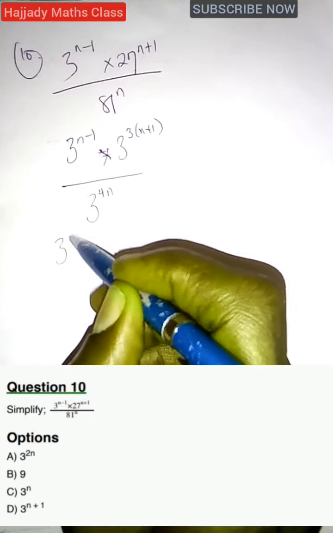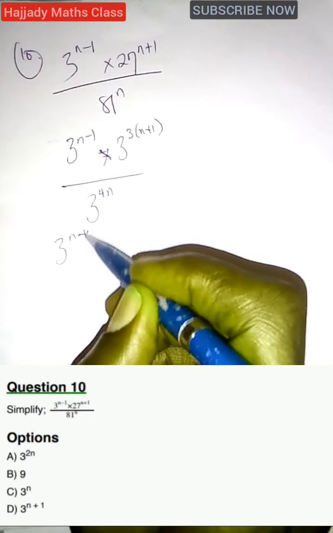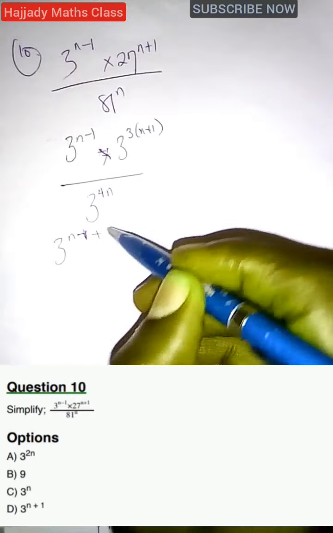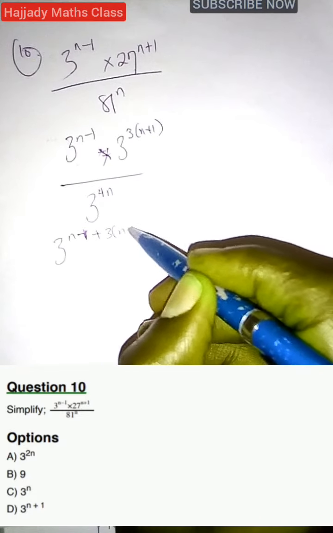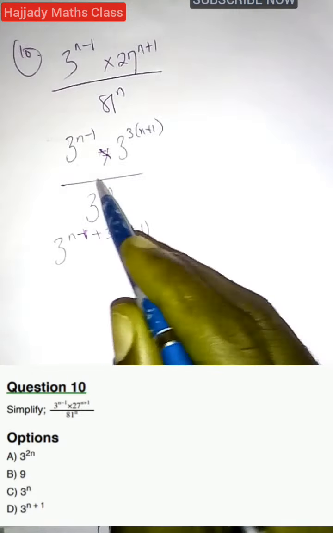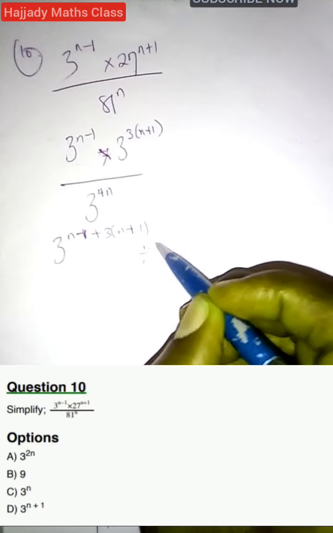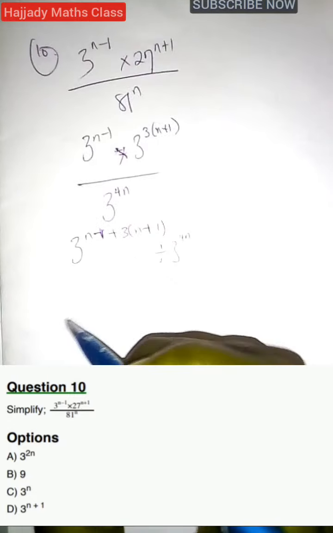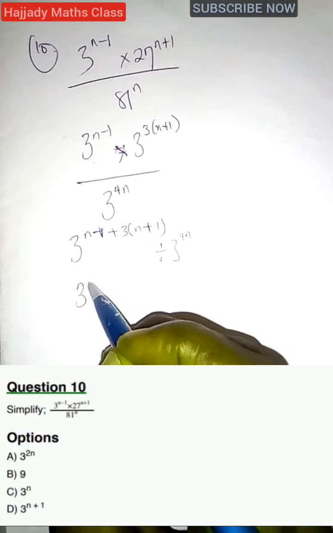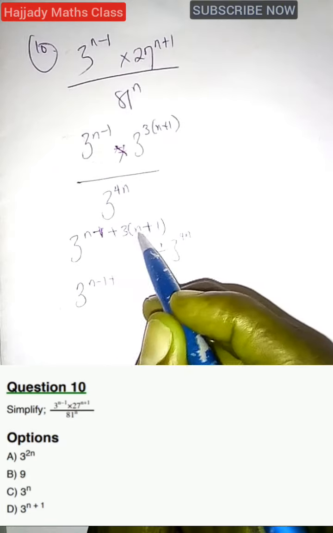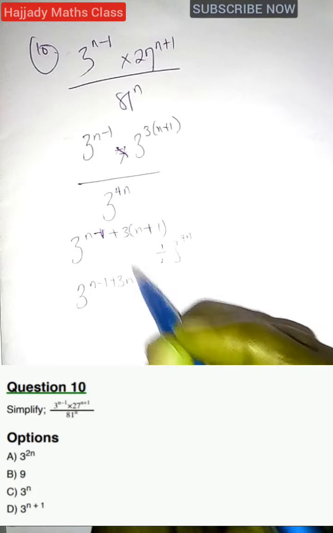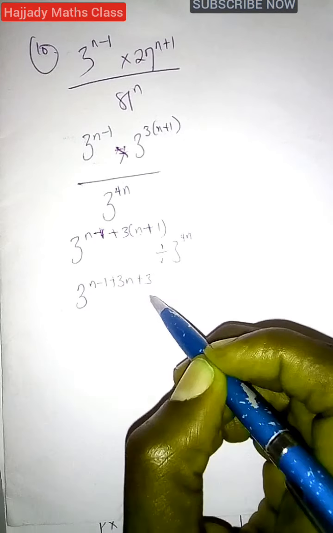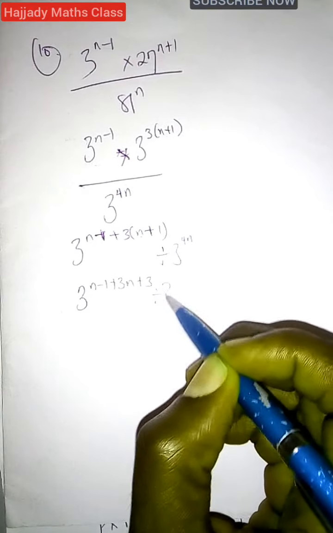We have 3 raised to power n minus 1 plus 3 into bracket n plus 1, divided by 3 raised to power 4n. So let's simplify this. Here we have 3 raised to power n minus 1 plus 3 times n gives 3n, 3 times 1 gives 3, divided by 3 raised to power 4n.